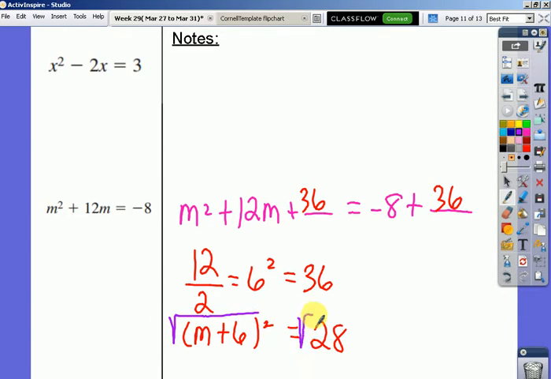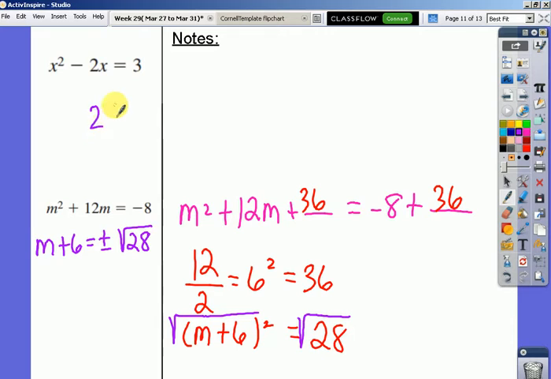And this is where it gets a little tricky. So I introduced the square root, so I have a plus and minus, right? So far I have m plus 6 equals plus or minus what? Square root 28. Can I simplify that? Always simplify square roots. Well, let's see.